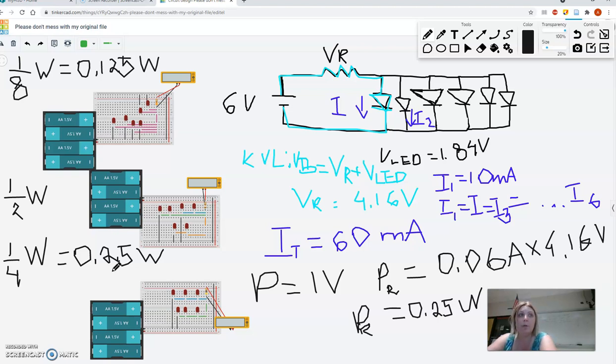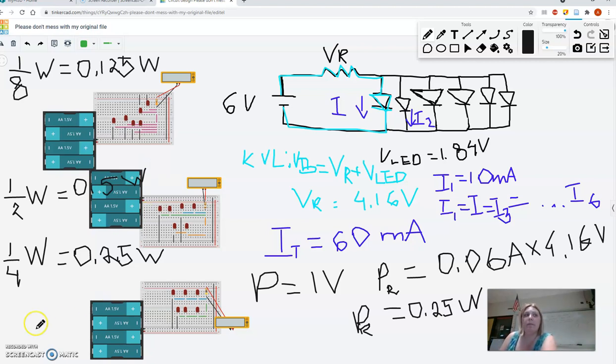If you're working at its max capacity, you're going to wear it out a lot faster. So in this particular case, I would absolutely go with a 1/2 watt resistor, so that there is a lot of give and extra space for our wattage.